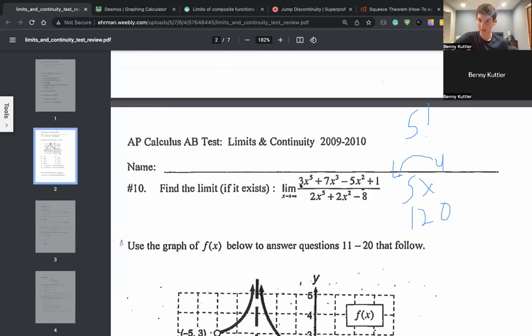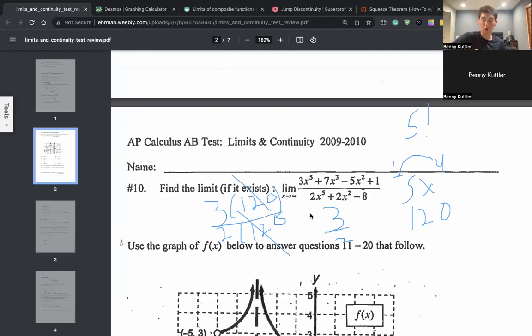So when we take this x to the fifth and make it a constant, we're going to be multiplying that coefficient 3 by 120. So we'll have 3 times 120 over, and if we look at the bottom, we also have x to the fifth, so we'll have 2 times 120, and these just cross out, and we're left with 3 over 2. And it doesn't matter what we're approaching.